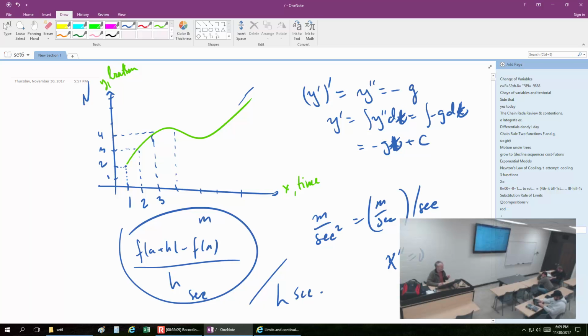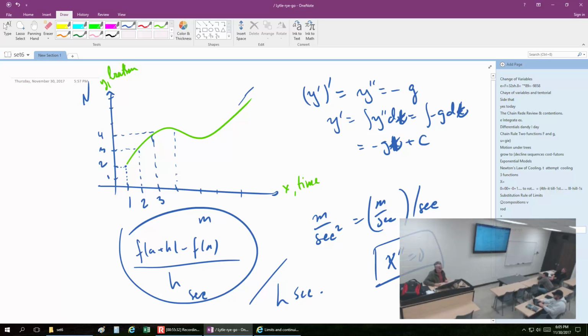Here, x and y are both dependent variables, and the independent variable is t, which is just a more advanced way of doing it. Once you have more variables involved, you don't always use x as one of the independent variables. So in this particular case, x and y are both dependent on t.